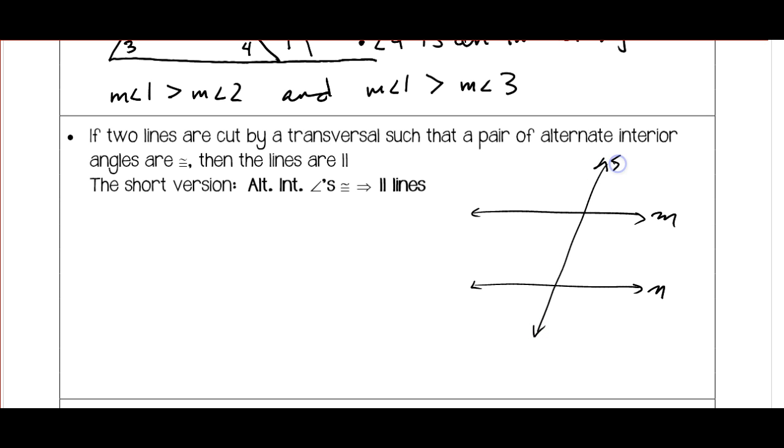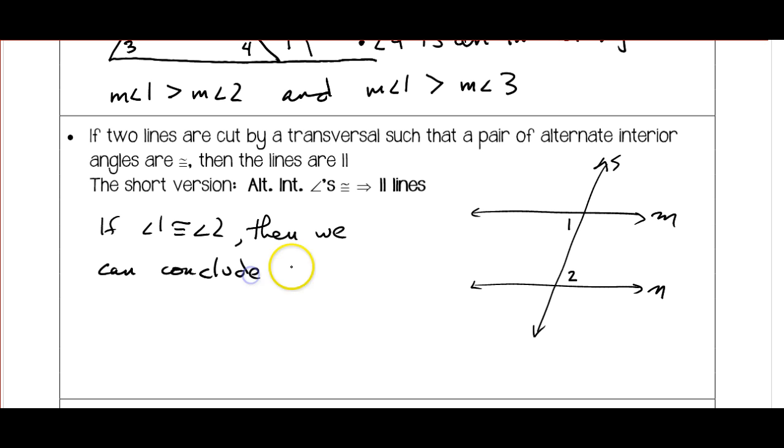We'll call that line S. And then let's just look at one pair of alternate interior angles. So what we're saying, if angle 1 is congruent to angle 2, then we can conclude that M is parallel to N.